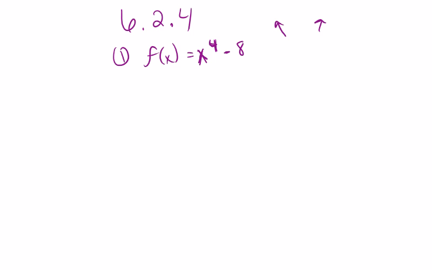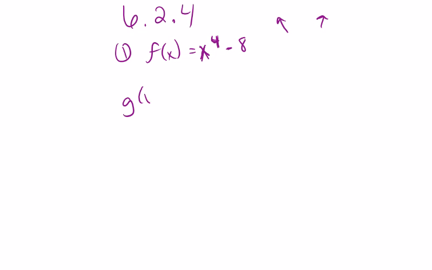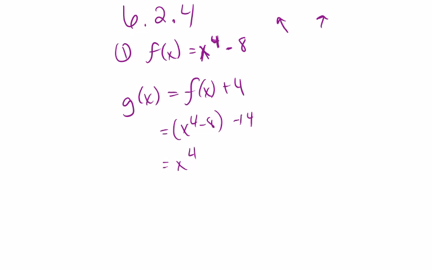And number 1 says that we're going to take this function, so we're going to have a new function, g of x equals f of x plus 4. So we're going to take our function, x to the 4th minus 8, and we're going to add 4, which gives us x to the 4th minus 4.